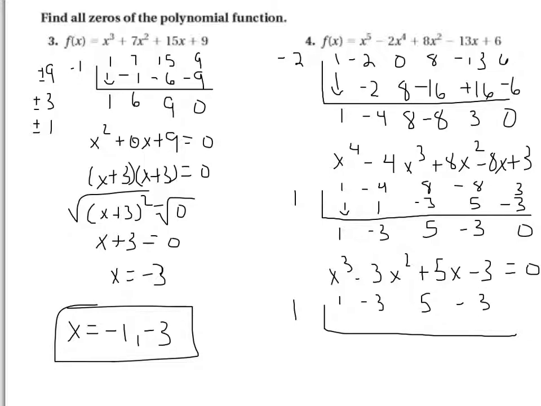So you say 1, negative 2, 3. See how we got 0? What that tells us is we have x plus 2, x minus 1, and x minus 1 again. Now let's keep looking here.